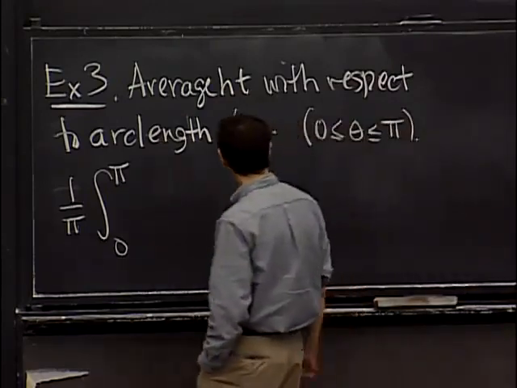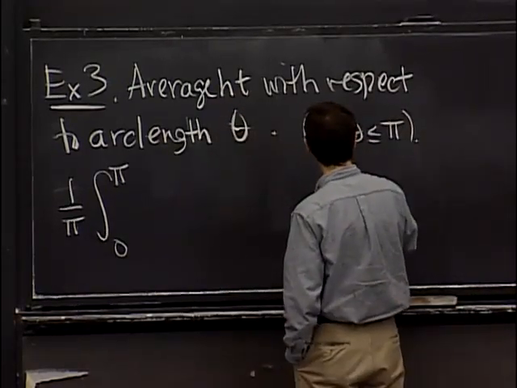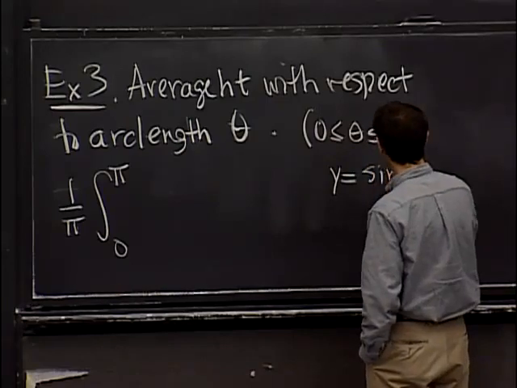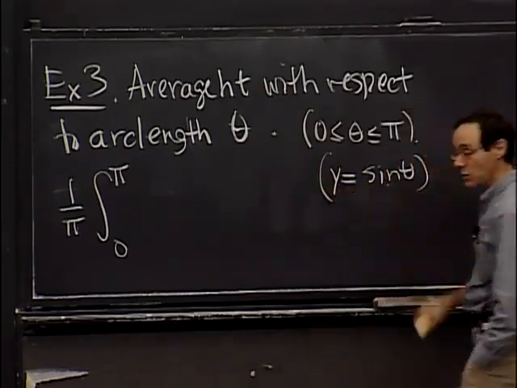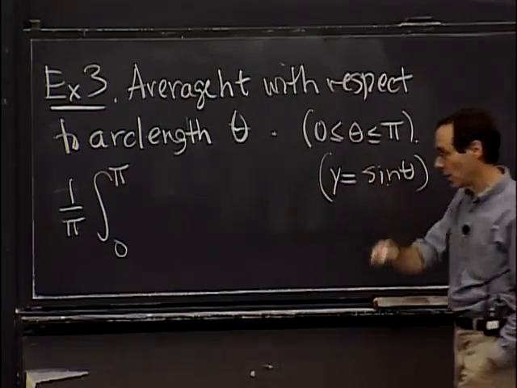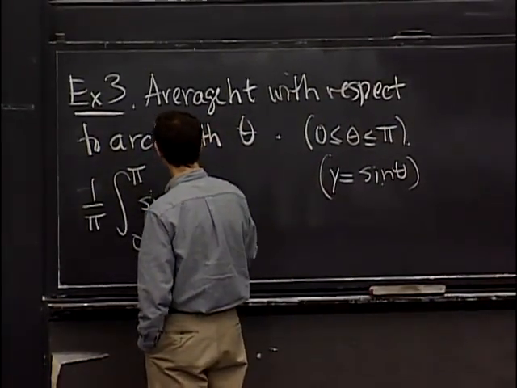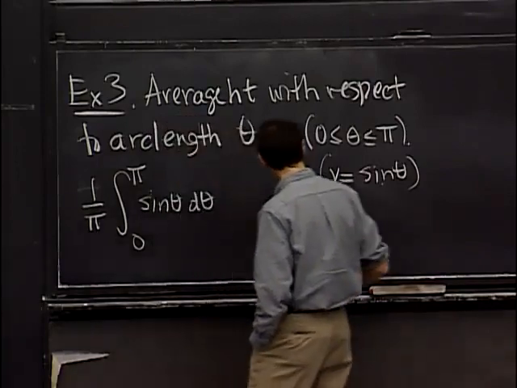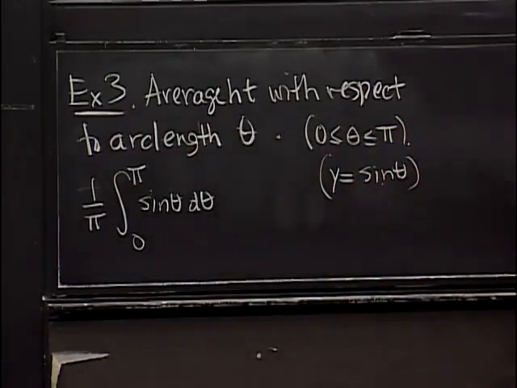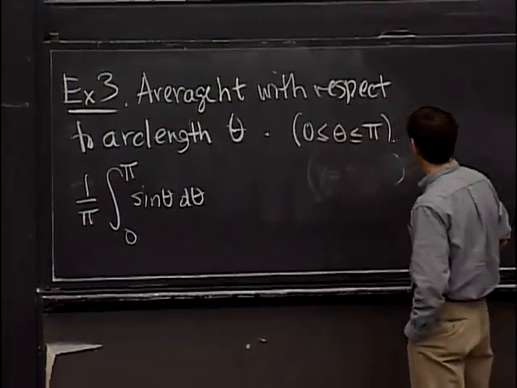And the integration requires us to know the formula for the height, which is sine theta, in terms of theta, of course. It's the same as square root of 1 minus x squared, but it's expressed in terms of theta. So it's this. And here's our average.